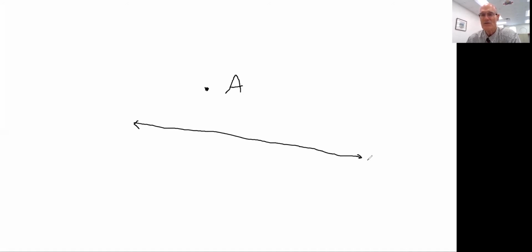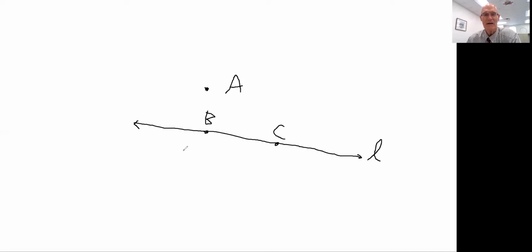I can use a script English letter, like I can come down here and say, this is line L. Or I can put a couple of points on the line, like let's say this is point B. And this down here would be point C, or any other letter you want to label it.